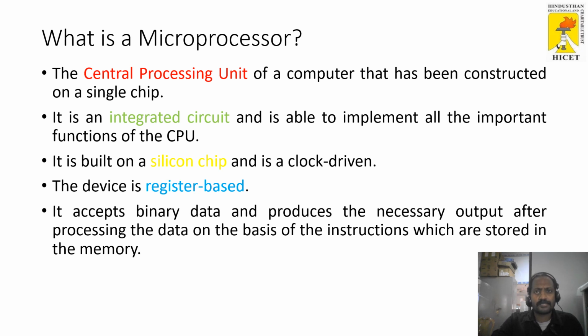The microprocessor is a multi-purpose, clock driven, register based digital integrated circuit that can accept binary data as input and process it according to the instructions stored in the memory, and provide the result as the output. The microprocessor contains both combinational logic and sequential digital logic.